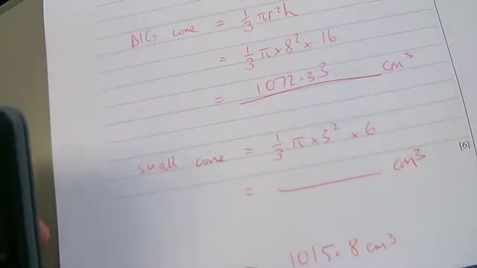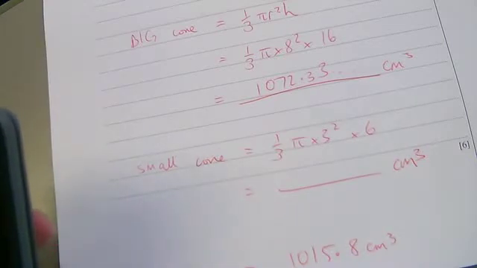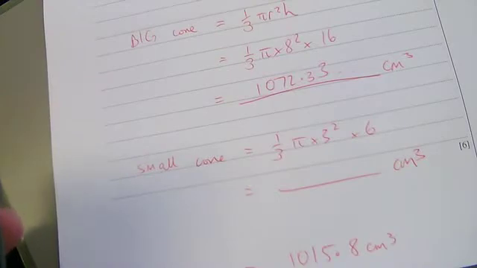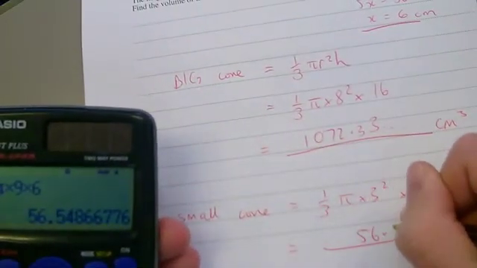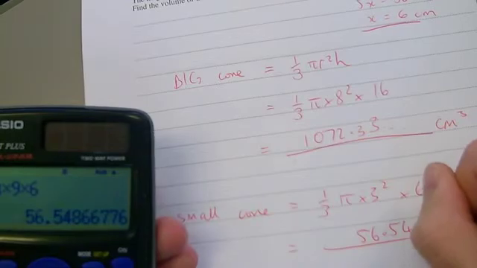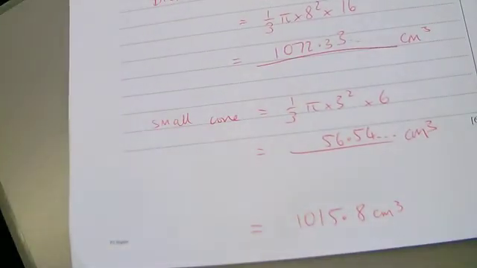That's not right. Still not right. Messed everything up now. Yeah, that comes as being really small, that one. It's only 56.54 and so on. So that's what I've got the overall volume as.